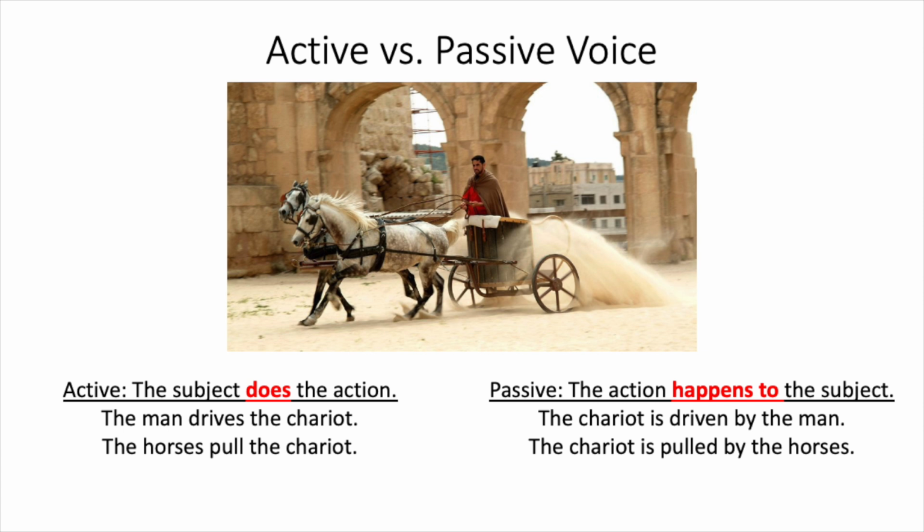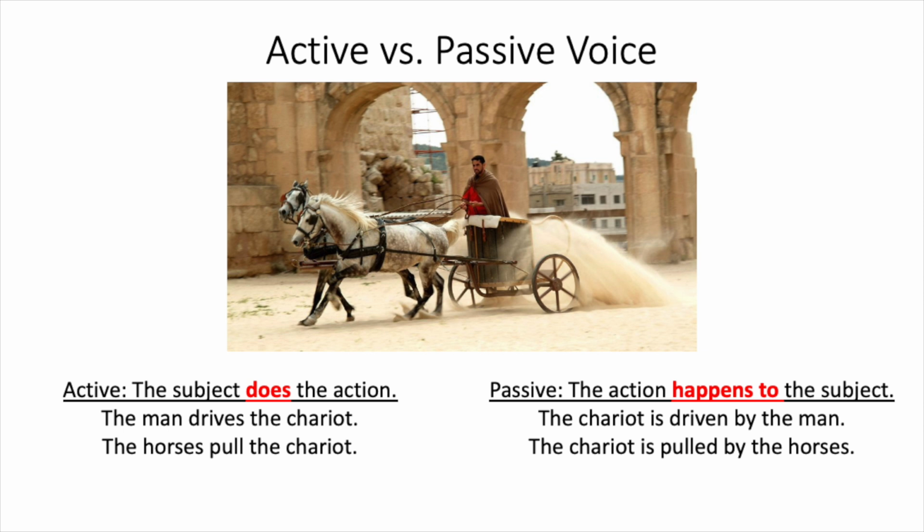Looking at this picture, we can say the man drives the chariot. That is an active verb because the man is doing the driving. The horses pull the chariot. Again, the horses are our subject and are doing the pulling, so our verb is active. If we switch those sentences into the passive voice, we use the helping verb is in English.